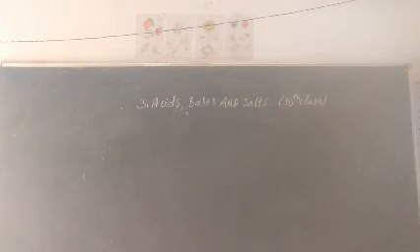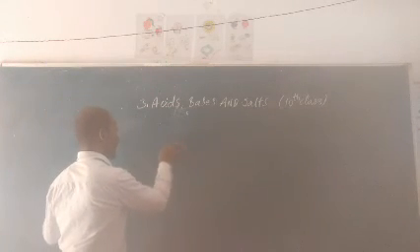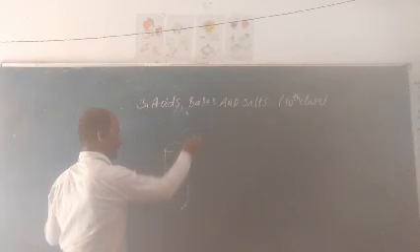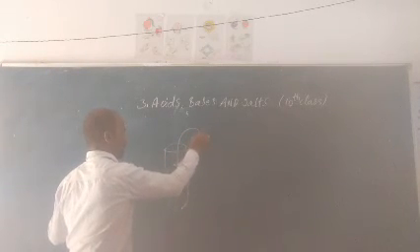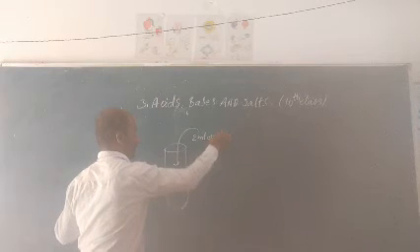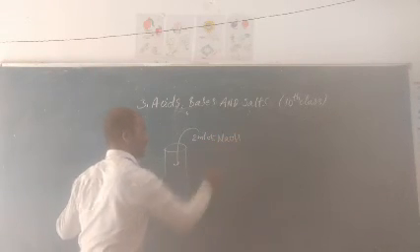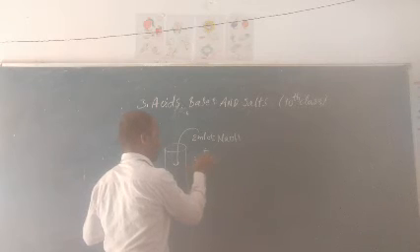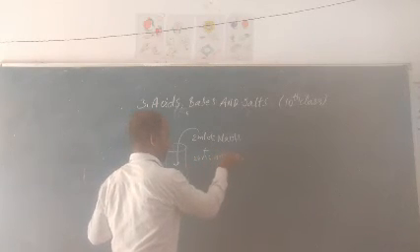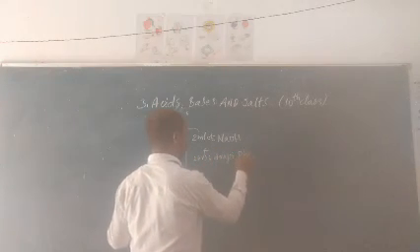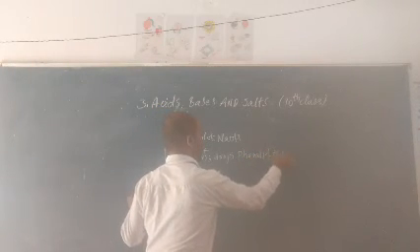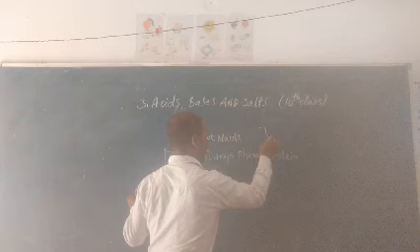Take about 2 ml of dilute NaOH in a dry and clean test tube. To this, add 2 or 3 drops of phenolphthalein indicator. Then automatically what will happen here?